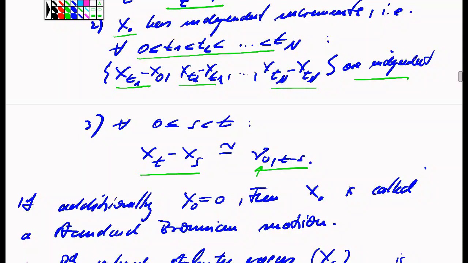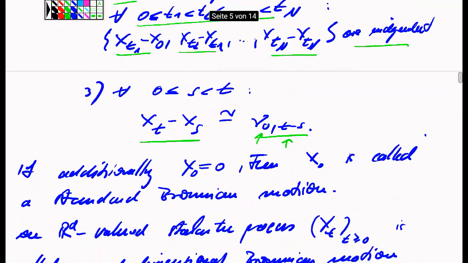It's distributed with a probability measure, and the distribution is just a normal distribution with expectation 0 and variance given by the size of the time lag in between these two time points.